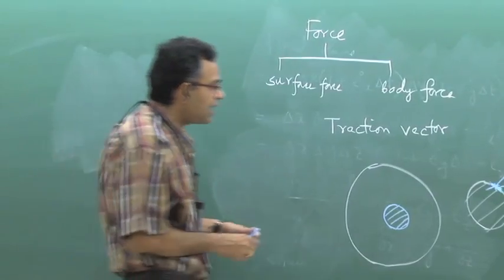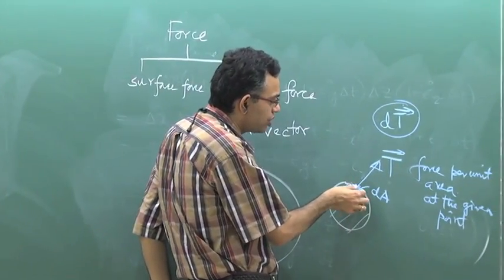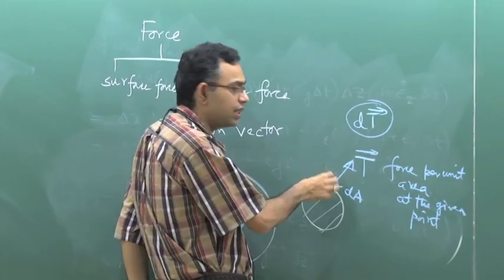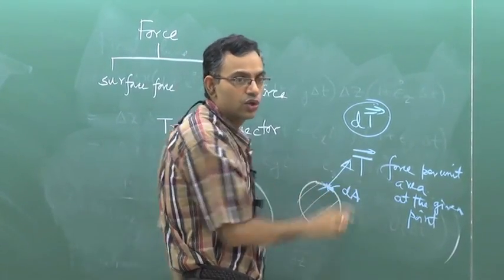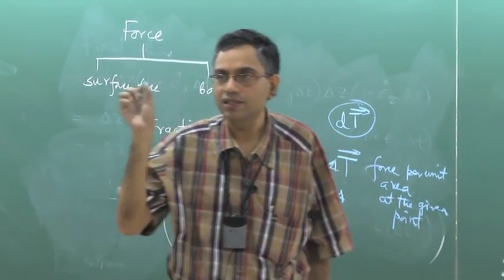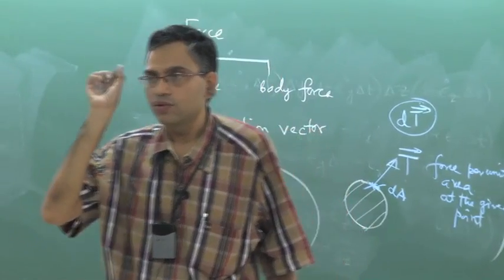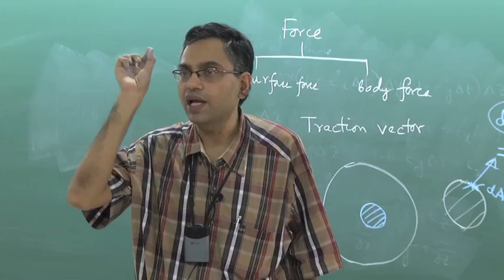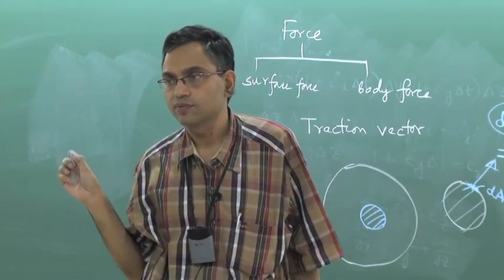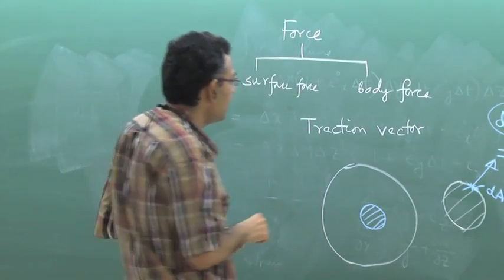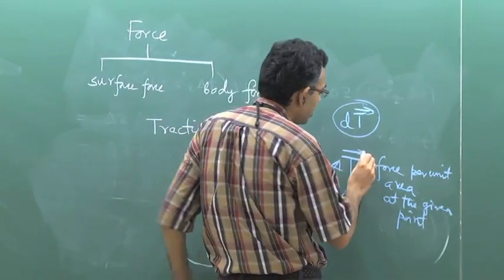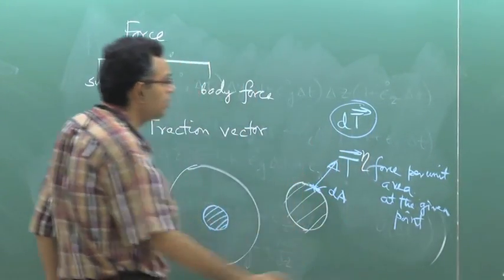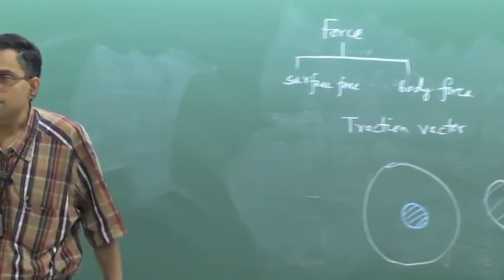Because at a given point, if you choose the same area but with different orientation, you will get different force. So this force at a given point does not only depend on the location of the point, but also on the orientation of the area chosen to calculate the force. To specify that, you use a superscript eta with t. This eta is a unit vector normal to the surface dA.